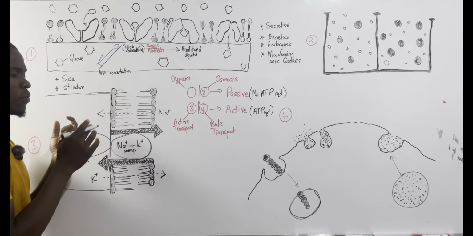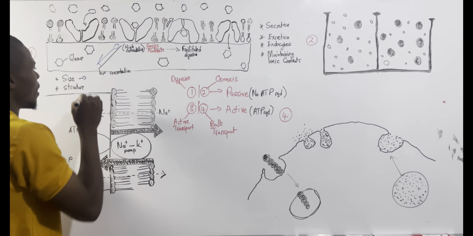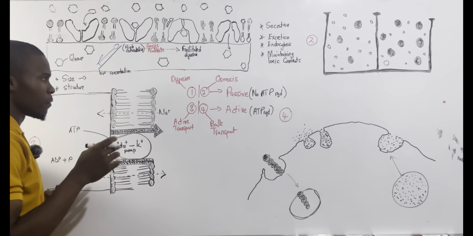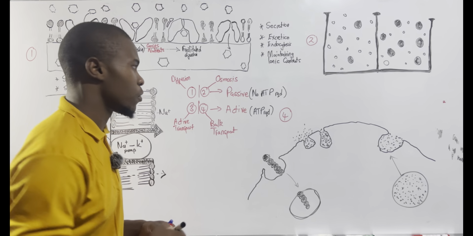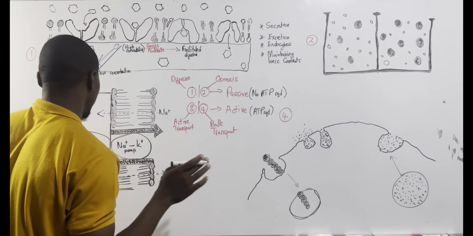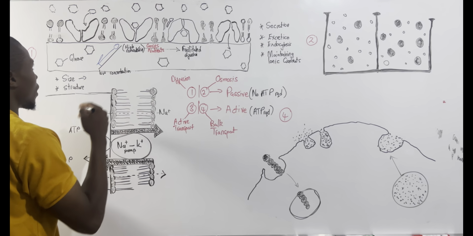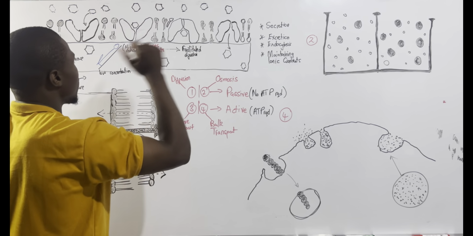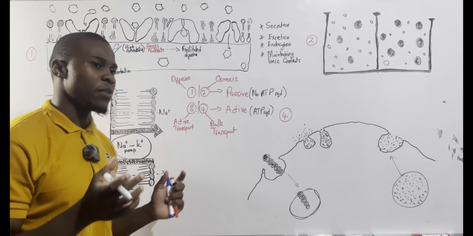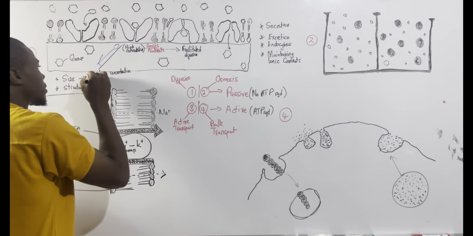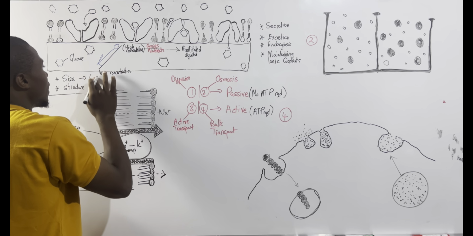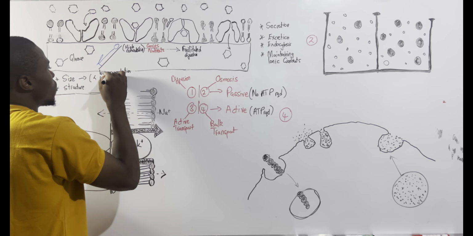When looking at the aspect of size, the size of the molecule determines the type of transport or diffusion. To be specific, if the molecule is very big, it cannot fit properly in between there. It requires a protein that can accommodate it. Specifically, we are talking about less than 100 Daltons.